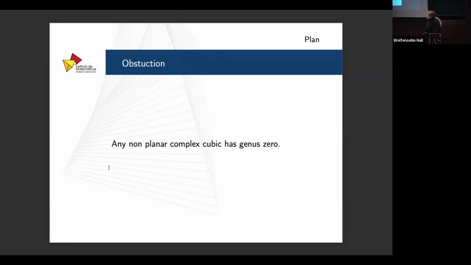And the reason for the obstruction is that any non-planar complex cubic has genus 0. Then it cannot be the limit of an amoeba of a complex cubic, because it has genus 1.